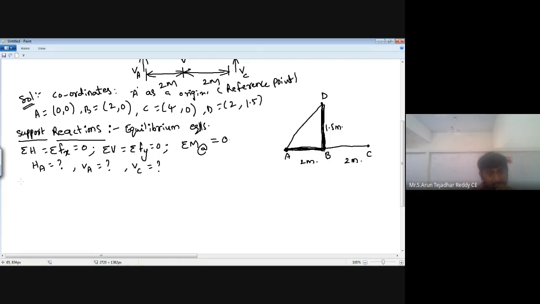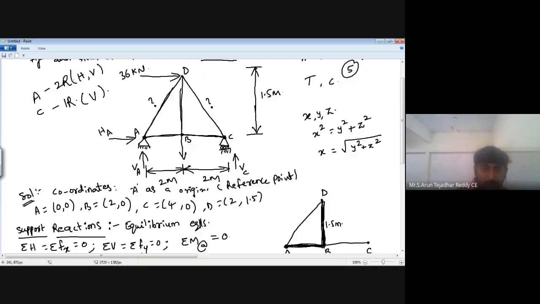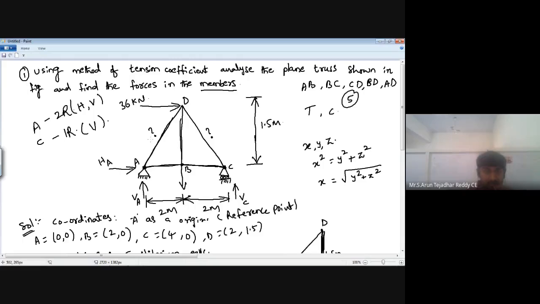First, I will be applying summation of horizontal forces is equal to 0. Check in this diagram how many horizontal forces are acting in the given truss. Two horizontal forces are acting, HA and 36 kilonewton. Both are horizontal.